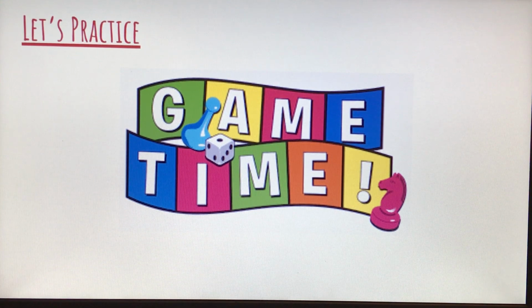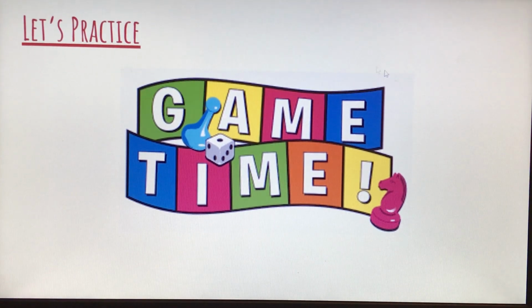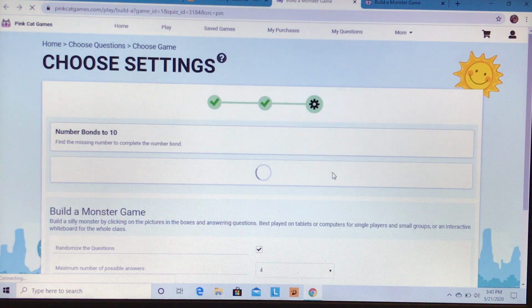And this again is referring to just like we talked about last week with our number bonds as well. So let's wait for our game to pop up. All right, and we're going to get started.